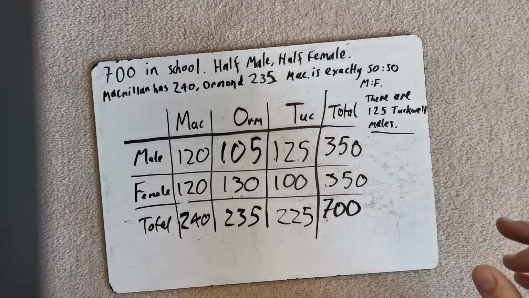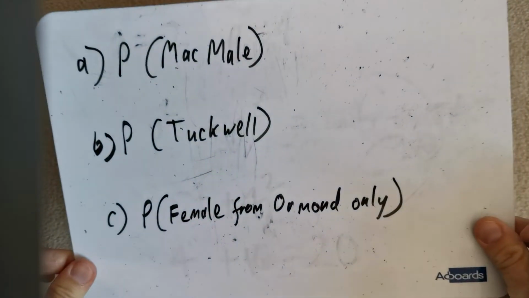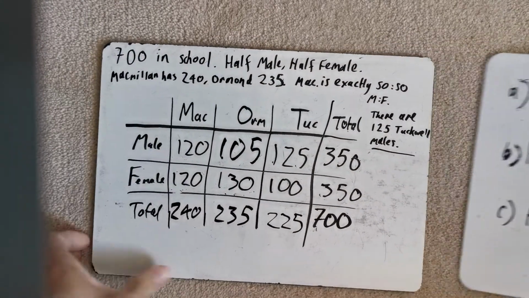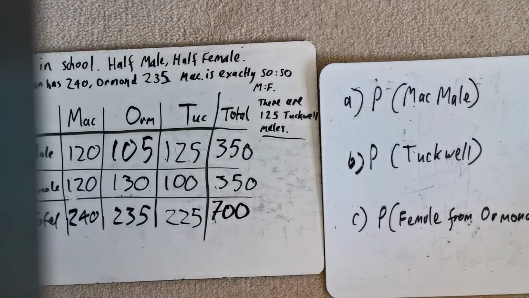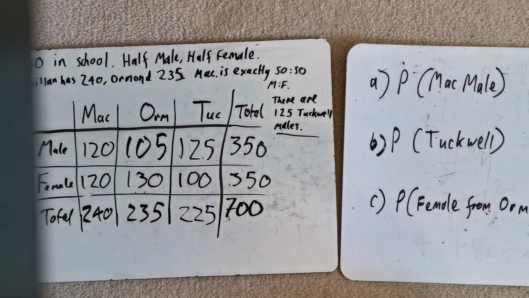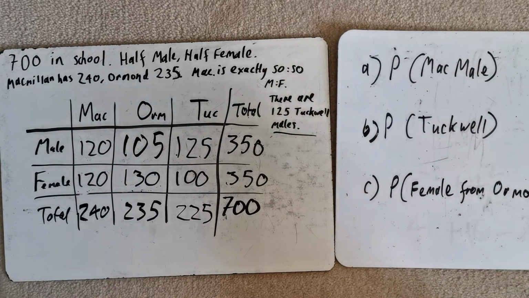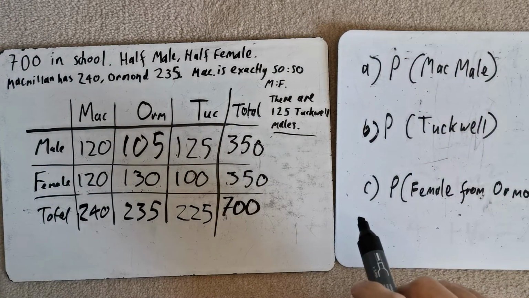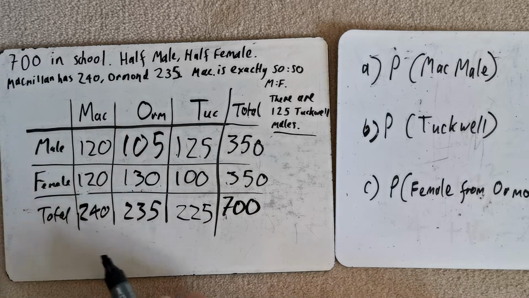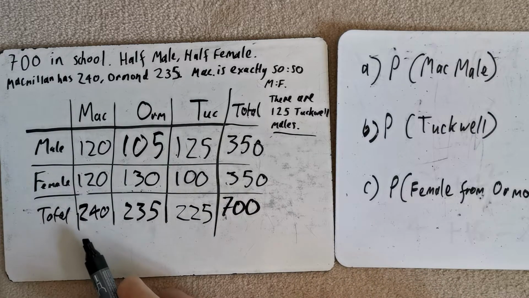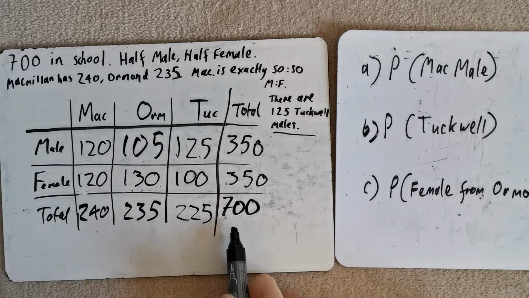Now, where does probability come into this? This is where it comes in. So let's say that we've got a few questions here. Probability of a Macmillan male. So this will be out of what? Would it be out of 240? Would it be out of 350? Or would it be out of 700?